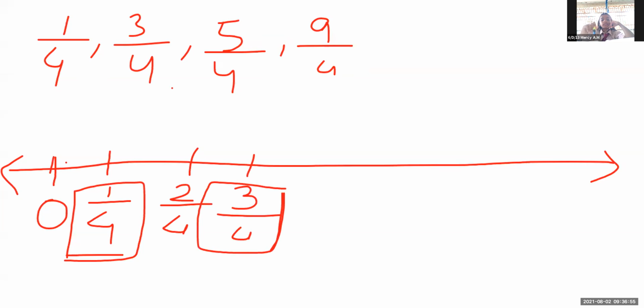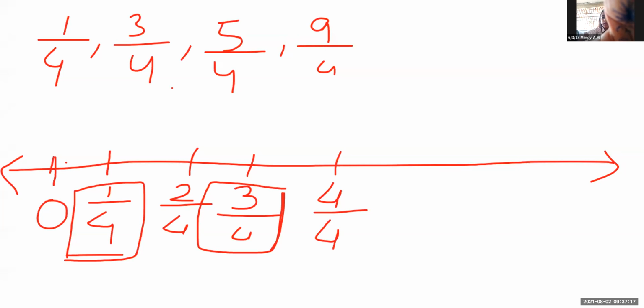Now 3 upon 4 के बाद में, very good, I should write 4 upon 4. Okay. After 4 upon 4, very nice.